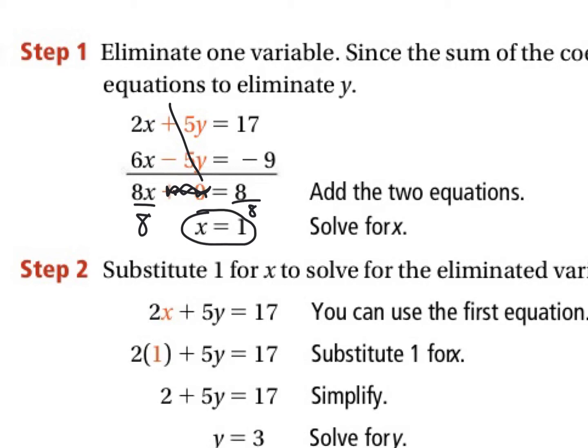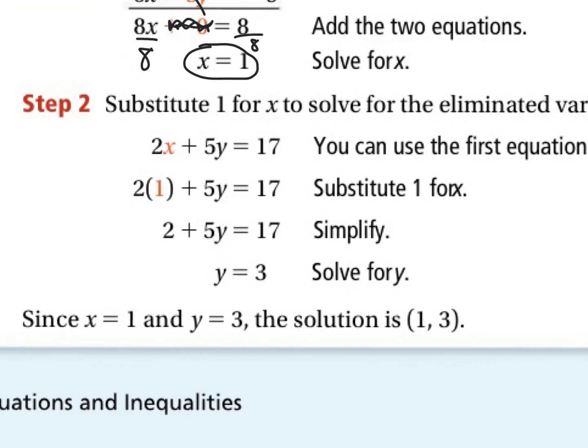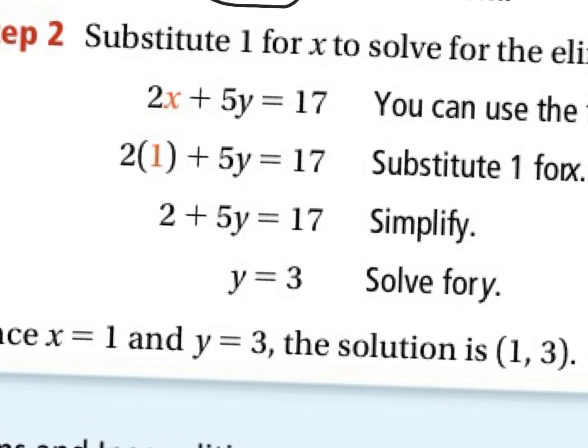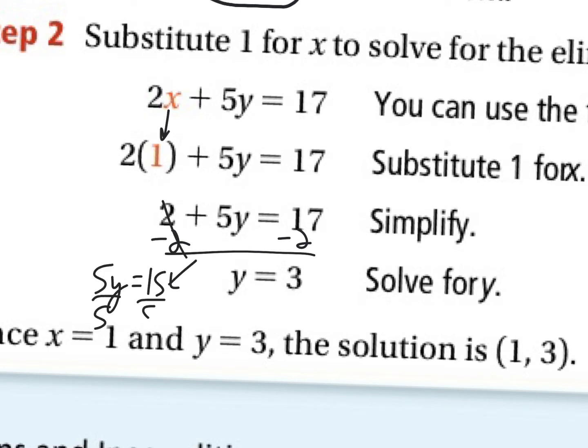They chose the first equation, which I like just because there's no negatives to deal with if I'm given a choice. So they put a 1 in place of the x, and then worked that out. They subtracted 2, skipping some steps here, and then divided by 5, and got y equals 3. So the solution to this system of equations is (1, 3).